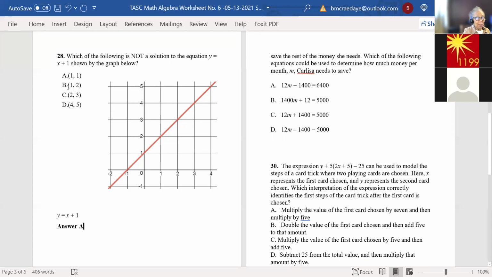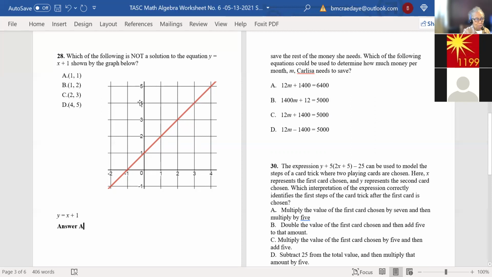So B is a solution, right? When x is 2, you go up to 3. y is 3. That's a solution. When x is 4, what is y? y is 5. Right. When x is 3, what is y? 4.